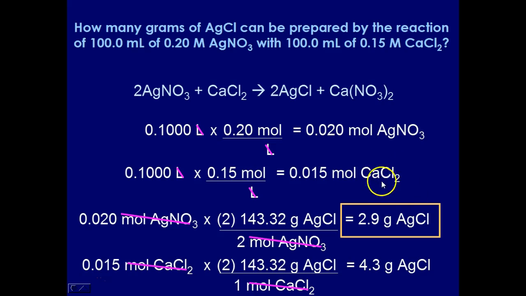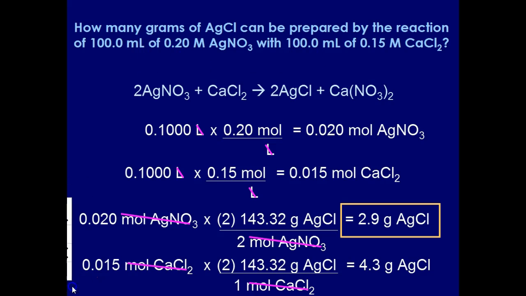Because there are 2 chlorines in CaCl2, I don't actually have 0.015 moles of chlorine, I have 0.030. The calcium is in a 1:1 ratio, so that gives me its moles. The silver and nitrate are in a 1:1 ratio, so the 0.02 moles is also representative of the silver and the nitrate ions as well. My volume of my solution has doubled. It's gone from 100 to 200.